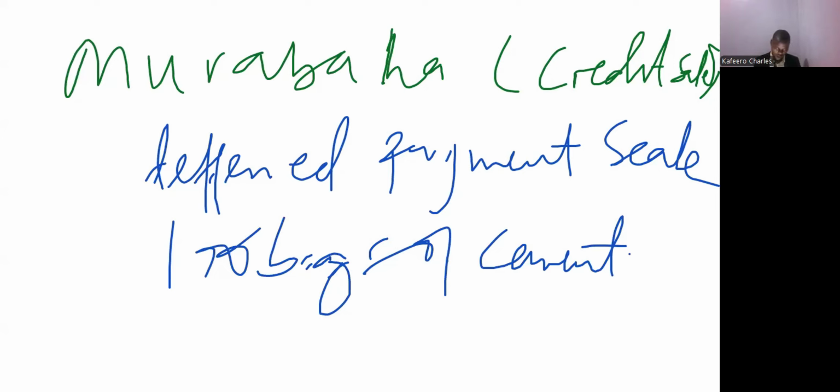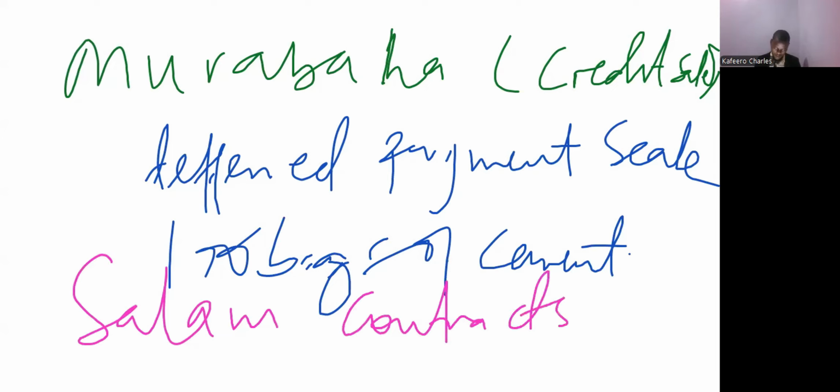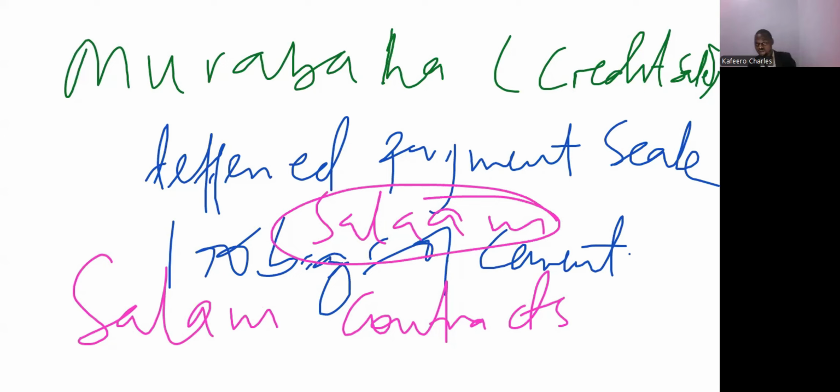So we can also look at what we call the salam contracts. Sometimes they write salam as this. So just understand what they are, and you base on what they have given you in the exam.